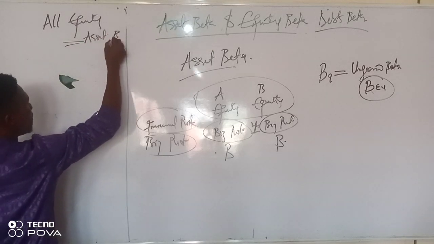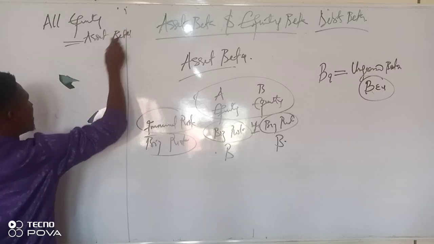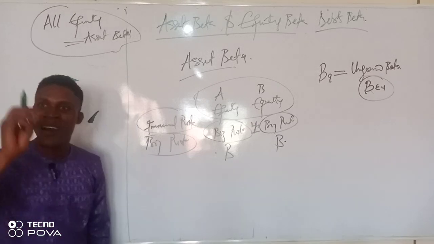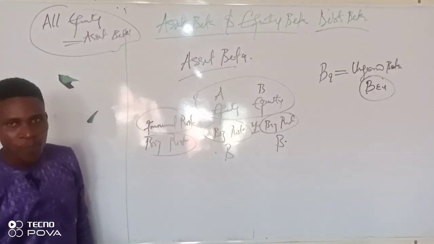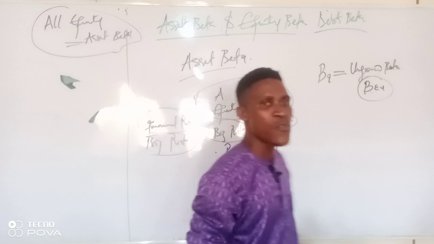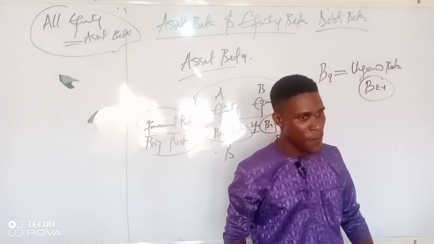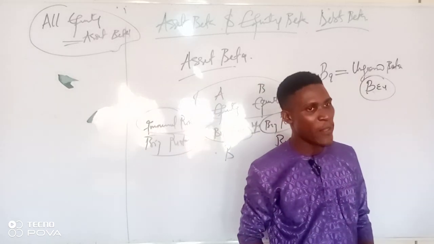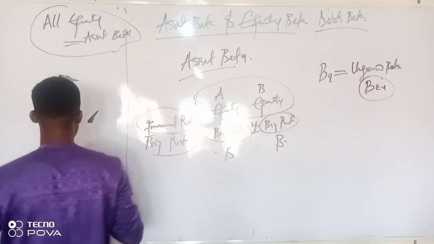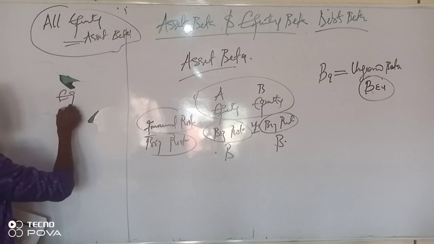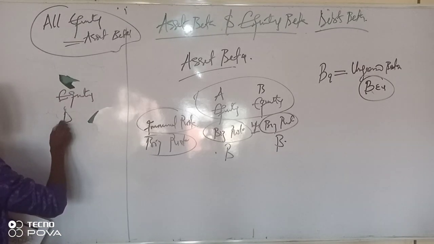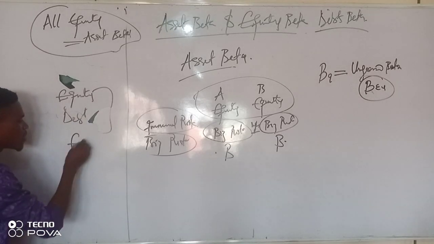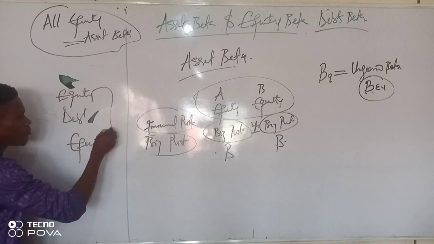So any beta that you see in an all-equity company, you are referring to asset beta. If you have a question and you are told that the company is all-equity financed, the beta you know is asset beta. But when a company is geared, that is having equity and debt, then any beta that you see is equity beta.